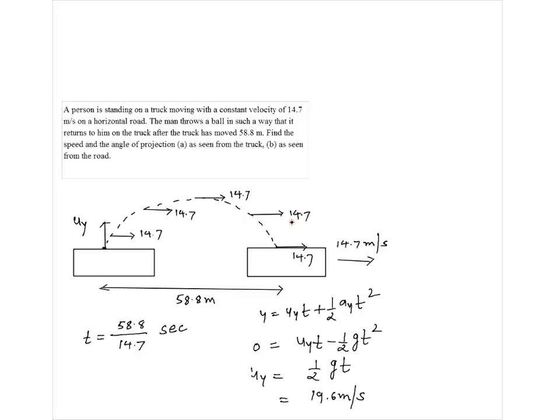With respect to that truck, ux was 0. Now ux is not 0, 14.7. So as far as u is concerned, for part B, u will be ux square plus uy square under root.